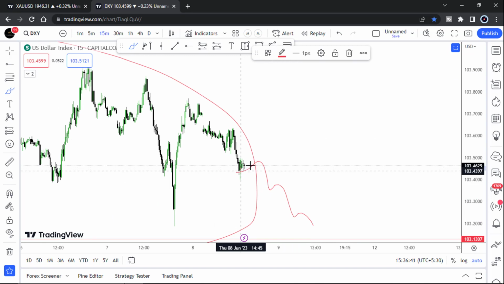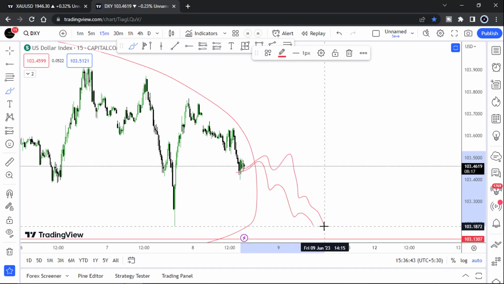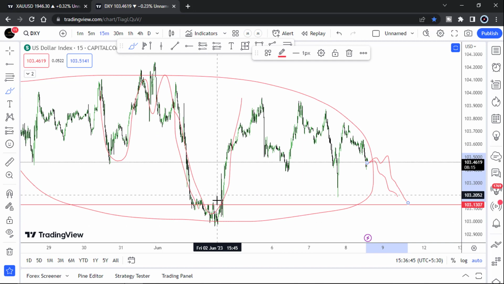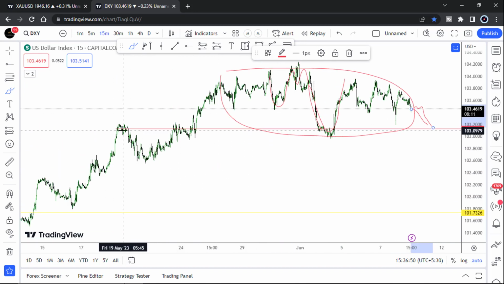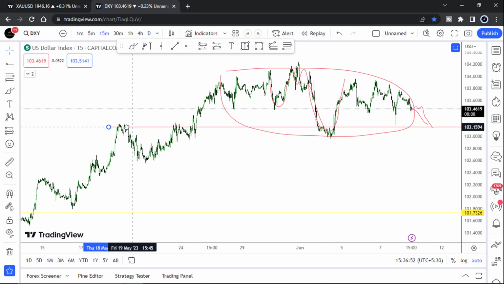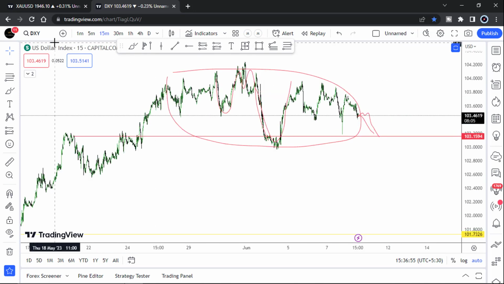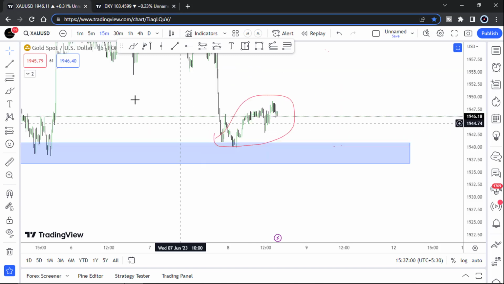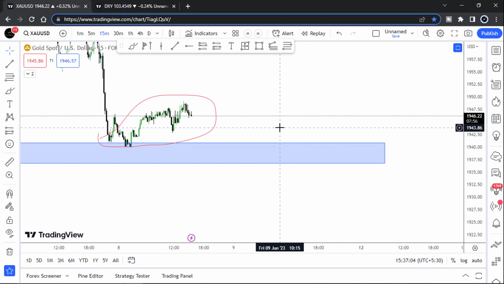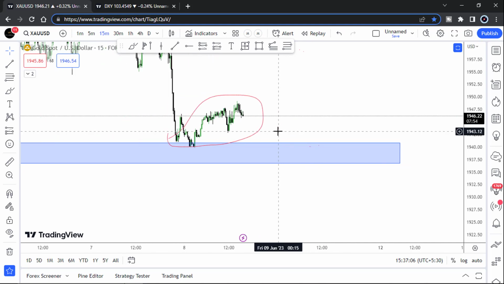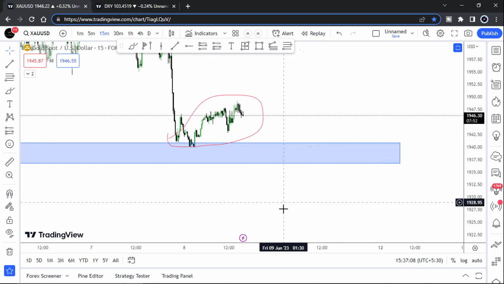The market could possibly go down to this area because it's a strong high volatility area, as well as a market reverse area just above around here. If the dollar index goes down, it probably means gold could go up, right?